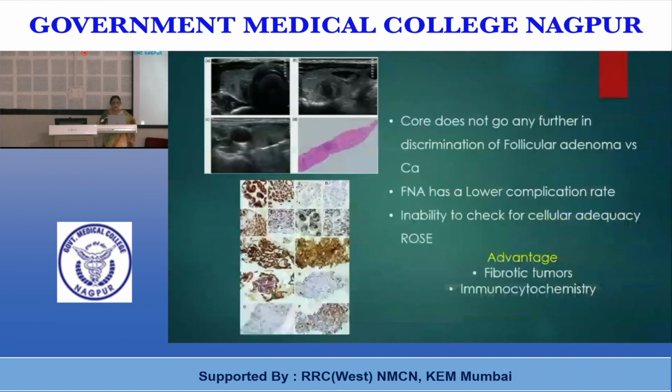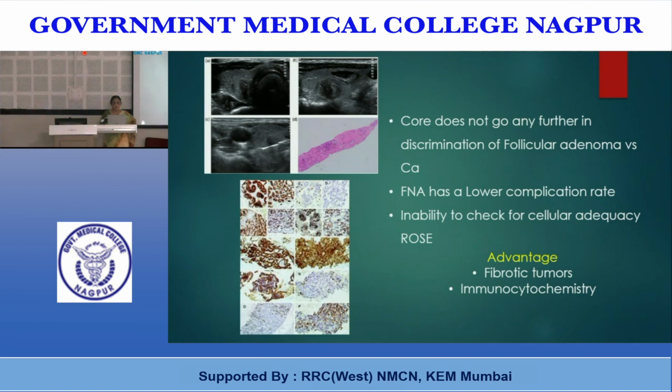test. Now we do have other diagnostic modalities like the frozen section or the core biopsy with their own limitations. For example, the core biopsy, which is a threat to FNAC for many organs, has taken a back seat and never became popular for thyroid because of the anatomical location of the gland and its vascularity. And also the core biopsy does not go any further in discriminating between follicular adenoma versus carcinoma.